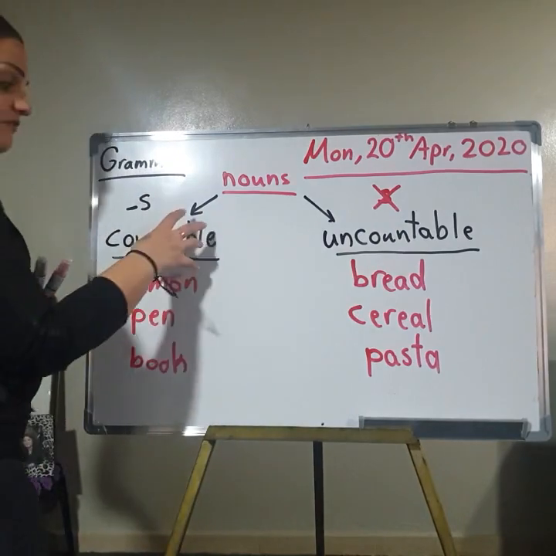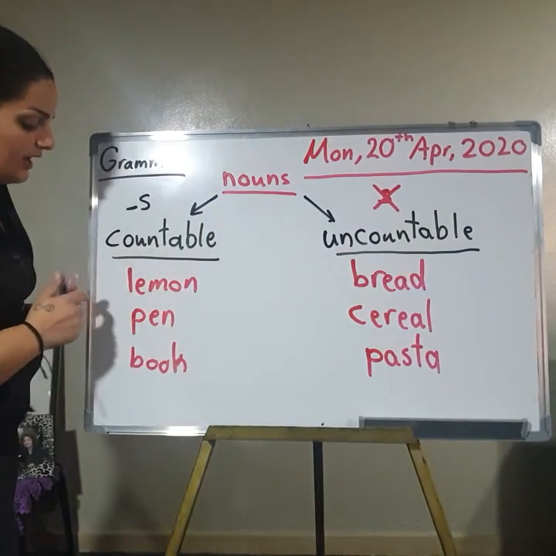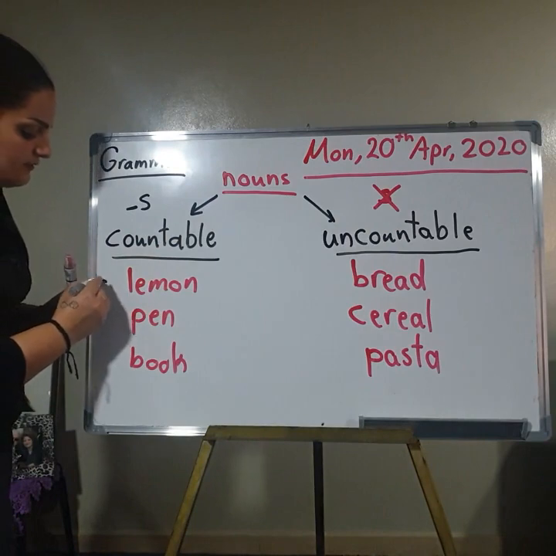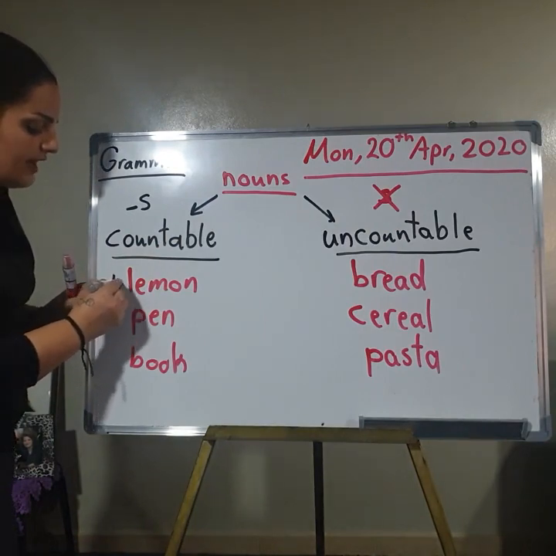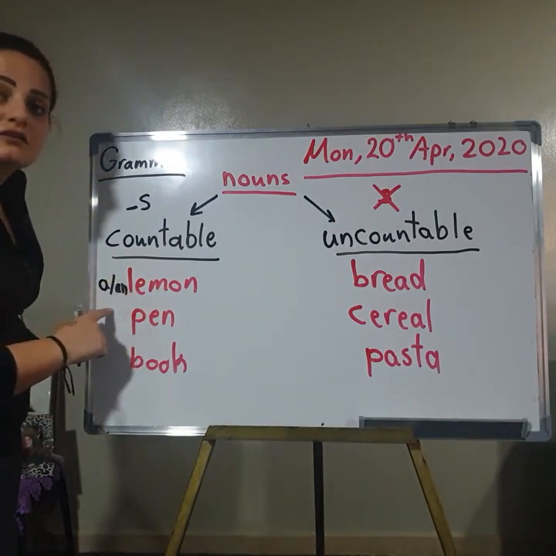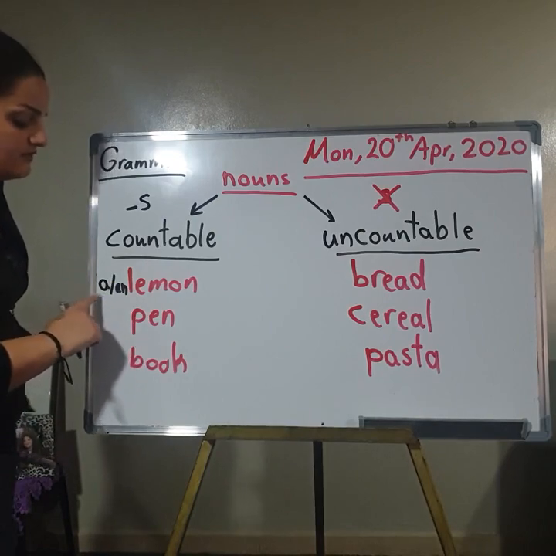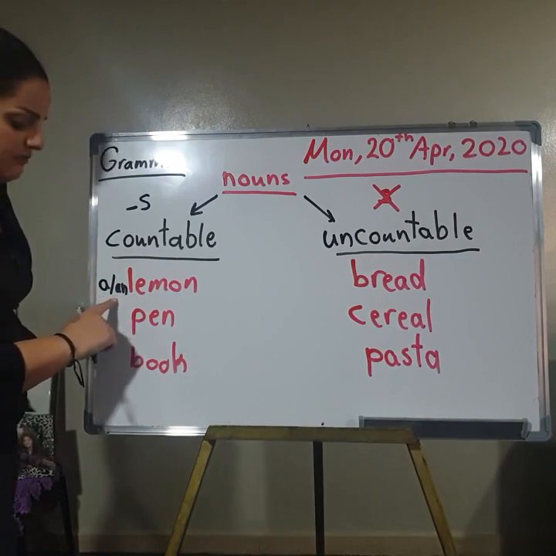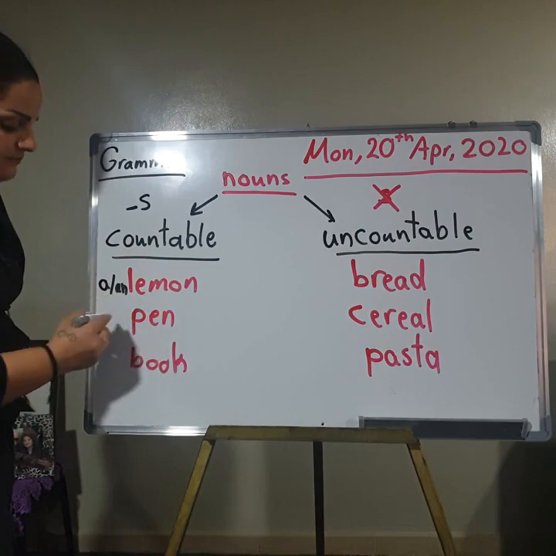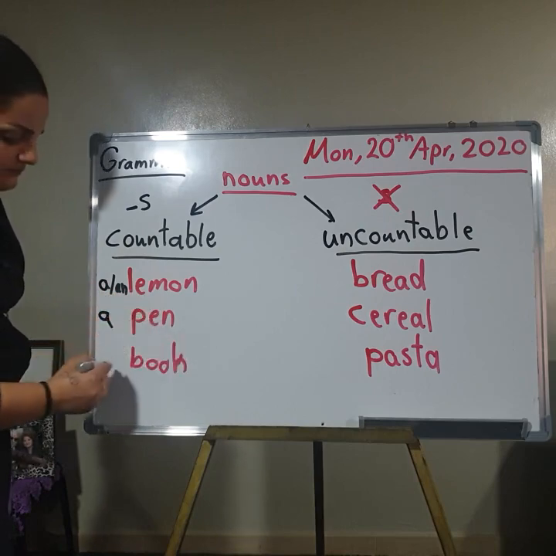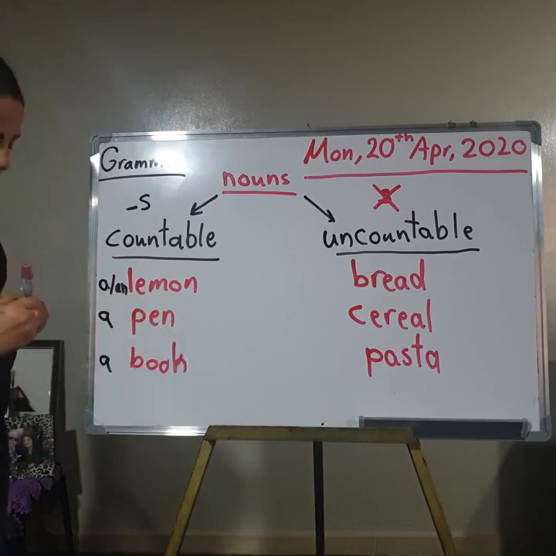Before the noun, if it's a countable noun, I must use the two letters a or an, because they are singular. If they are singular, I use a or an before them. I can say a lemon, a pen, a book.